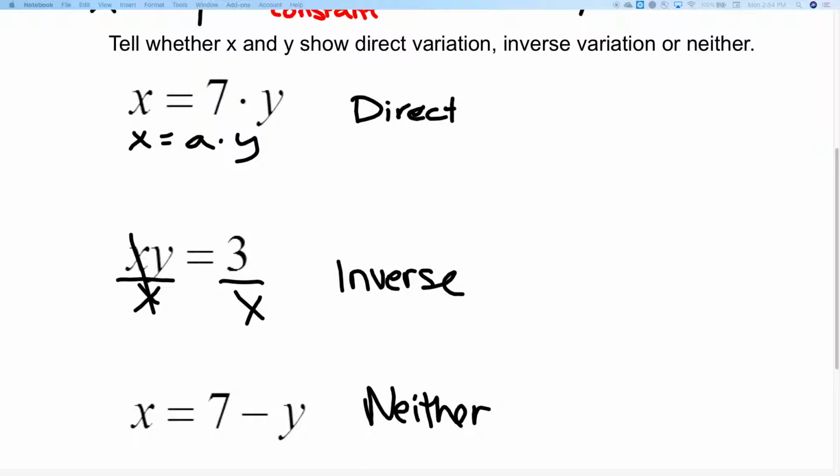So pretty much the constant is always the number.